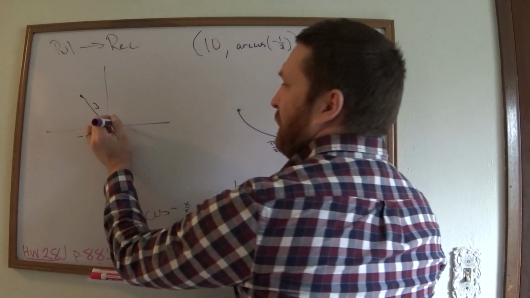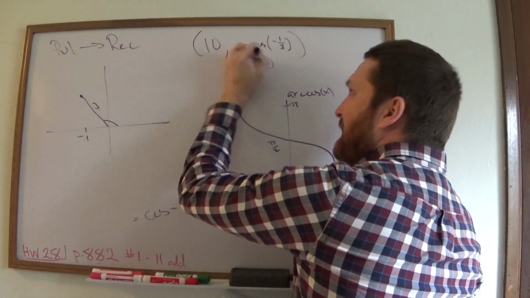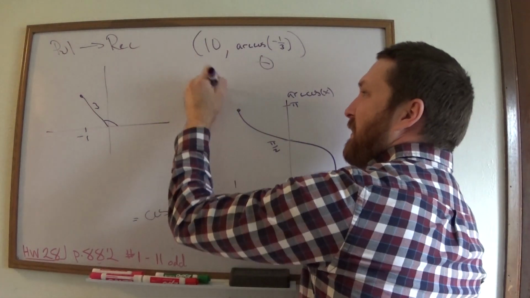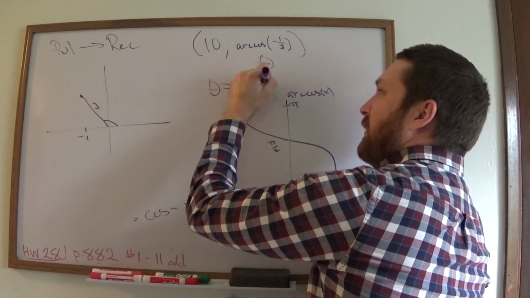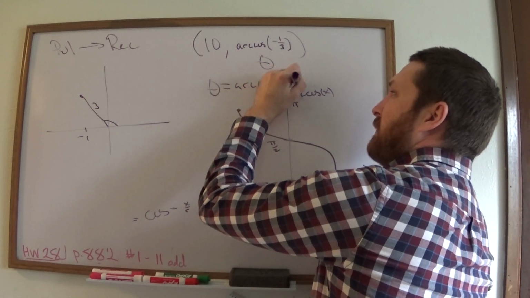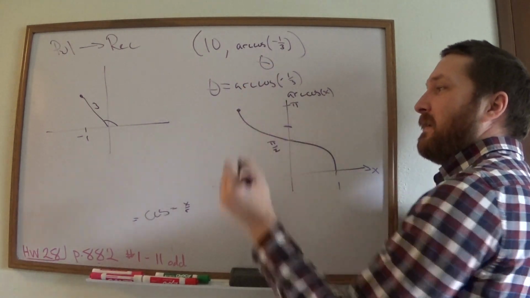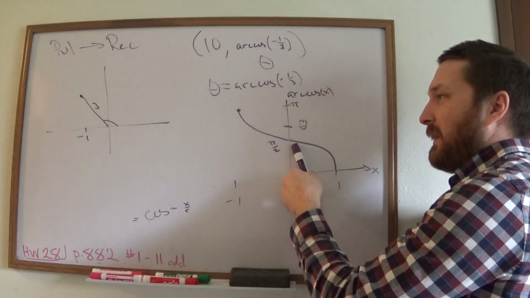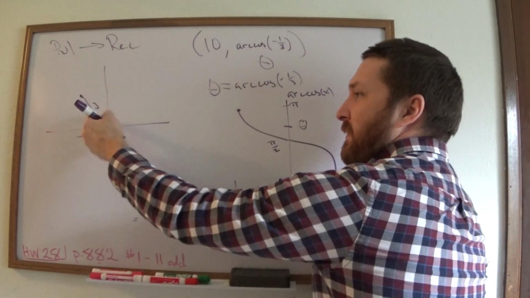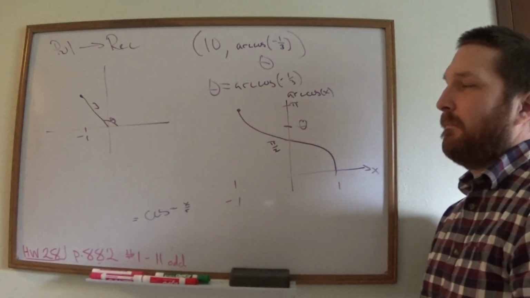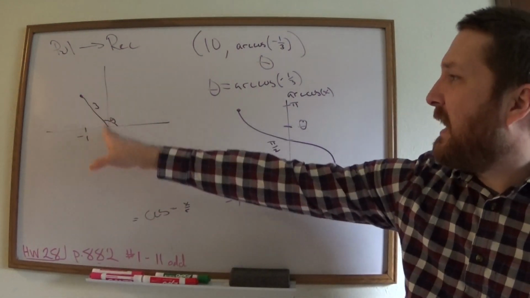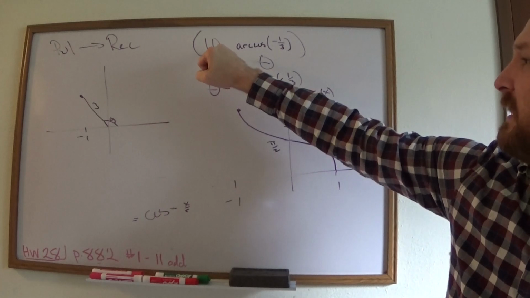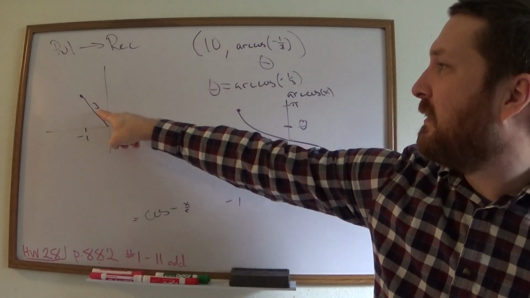Because this is the angle, this is theta right there. Theta is equal to arc cos minus 1/3. So it's some output, theta, that's between pi over 2 and pi. And so there's your theta right there. And now we just need to manipulate it so that we get a 10 right there.